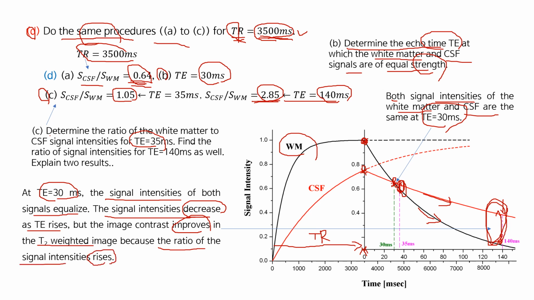Here the ratio is 1.05, but at this moment it increased to 2.85. So this number means that we have more contrasted images at this moment compared to that at this moment.